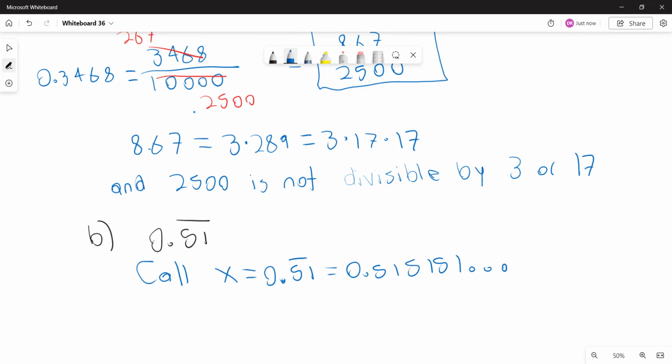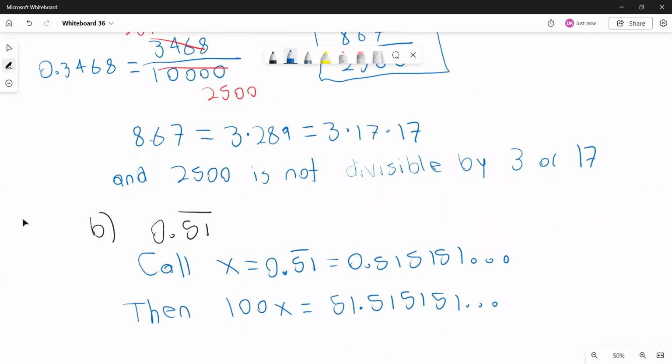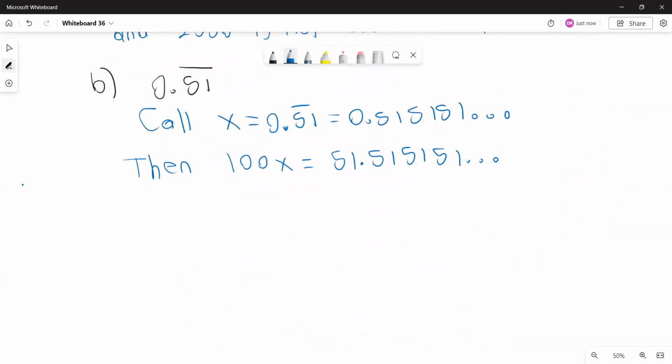If that happens, then 100 times x is going to be 100 times 51, 51, 51, and so on. So that's going to be 51 point, and the decimal expansion will look the same. So we're going to subtract these two to get rid of the decimal part.